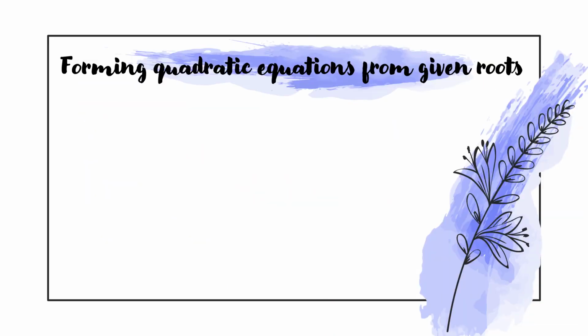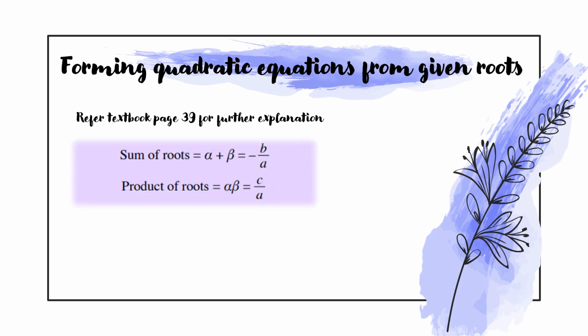And then we move to how to form a quadratic equation from the given roots. Refer to textbook page 39 for further explanation on how to get this step. Sum of roots, SOR. Let's say the first root is alpha, and the second root is beta.